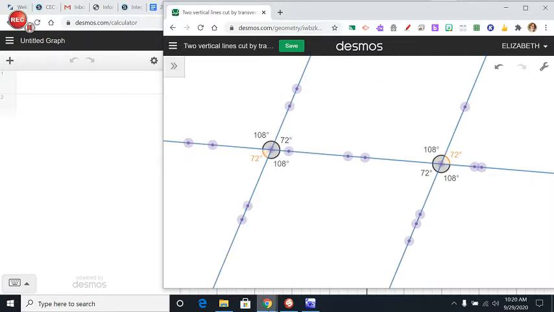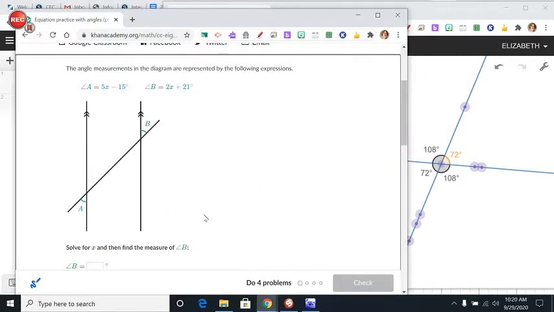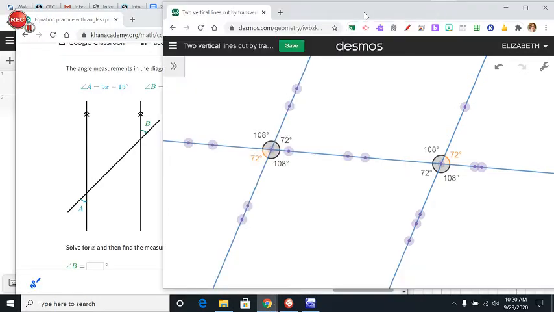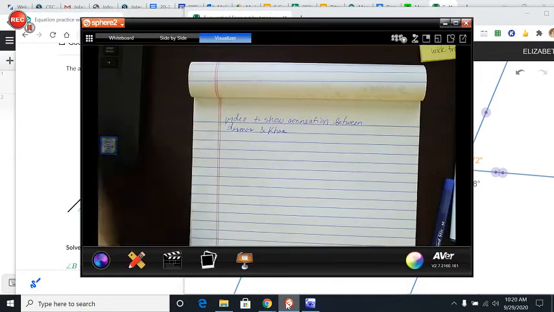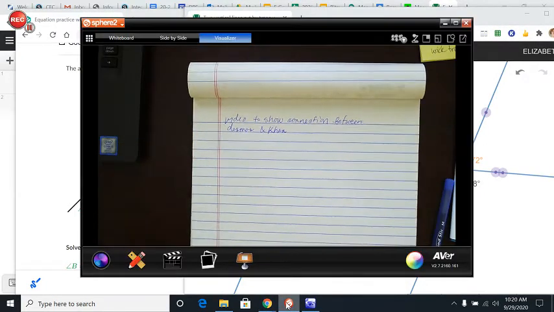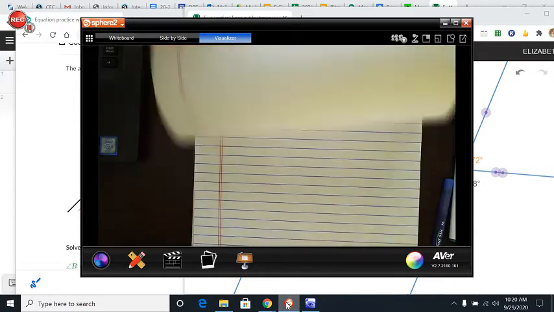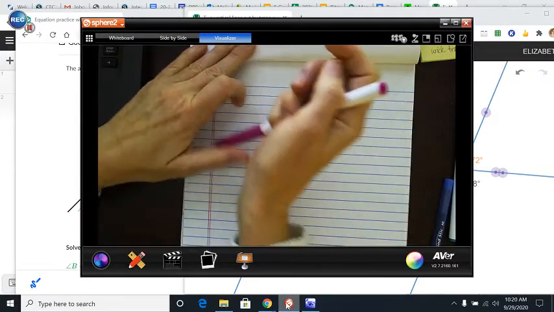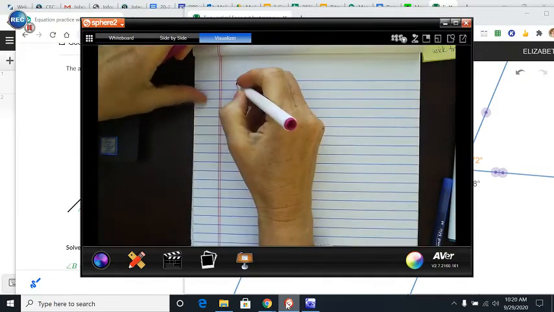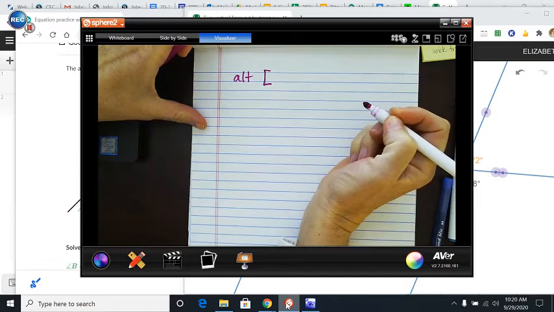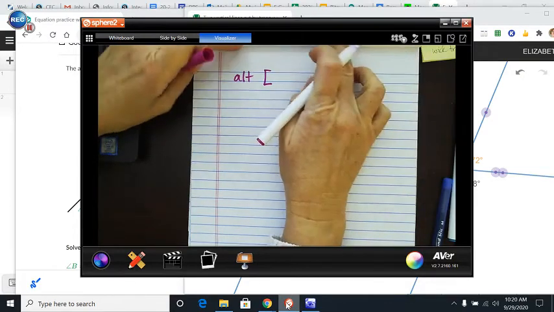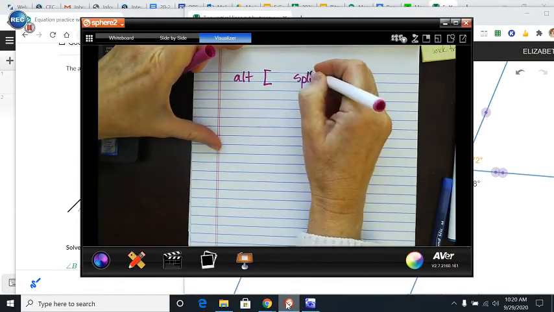If you press the Alt button and the open bracket button, that will allow you to split up your screens very nicely on a Chromebook.